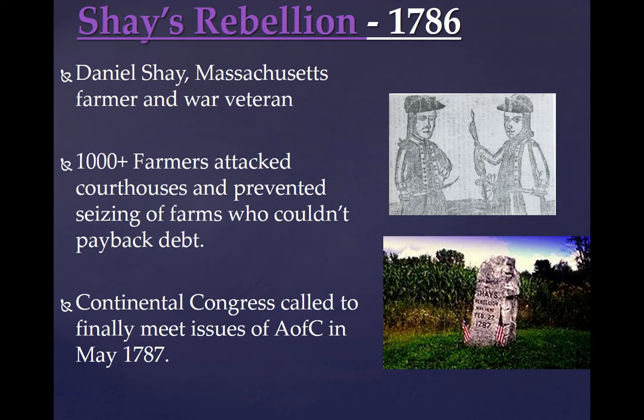And so they get nervous, and they end up calling what's called the Continental Congress to Philadelphia, where they're going to finally meet and discuss and resolve some of these issues of the Articles of Confederation. And they start to meet in May of 1787.